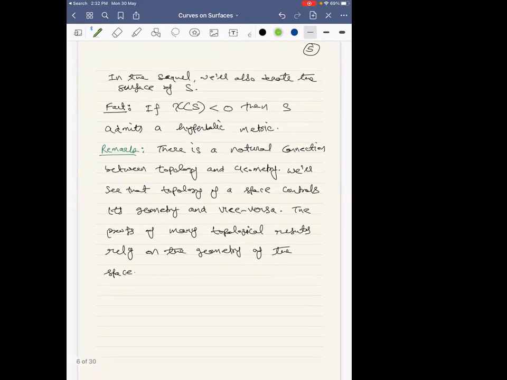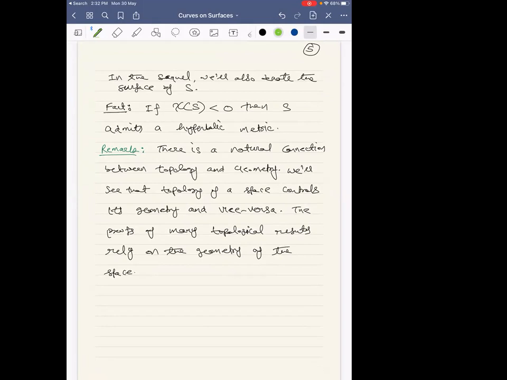So here is a quick remark, and this is a very useful remark in this area. We will see that topology and geometry go hand in hand. On the one hand, the topology controls the geometry, and in the same way we will see that geometry informs topology.